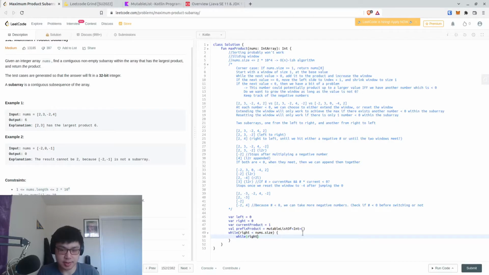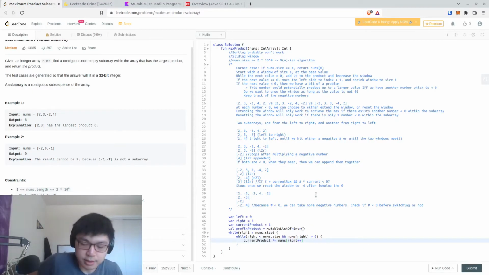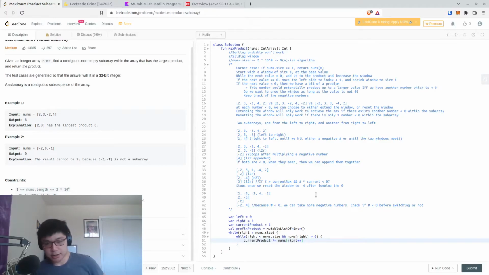While right less than nums dot size and nums at right is greater than 0, current product multiply equals nums at right plus plus. So this will add to our current product and then increment it.